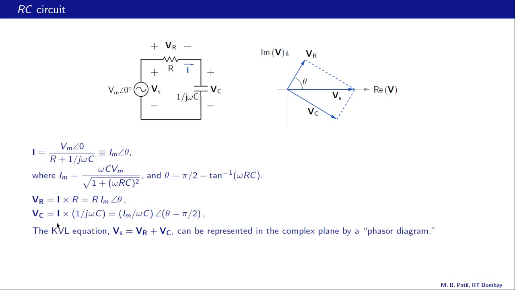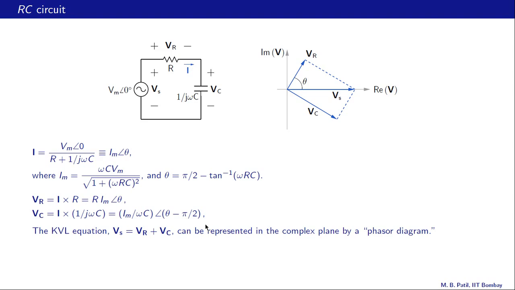Vc is I times the impedance of the capacitor, which is 1 over j omega C. Now 1 over j is the same as minus j, that is an angle of minus pi by 2, and therefore we get Vc equal to Im by omega C, that is the magnitude, and for the angle we get theta, which comes from I, and then we have this minus pi by 2 coming from this 1 over j.